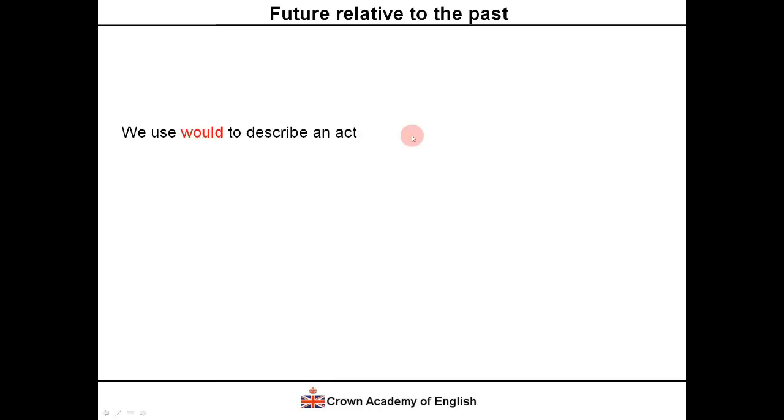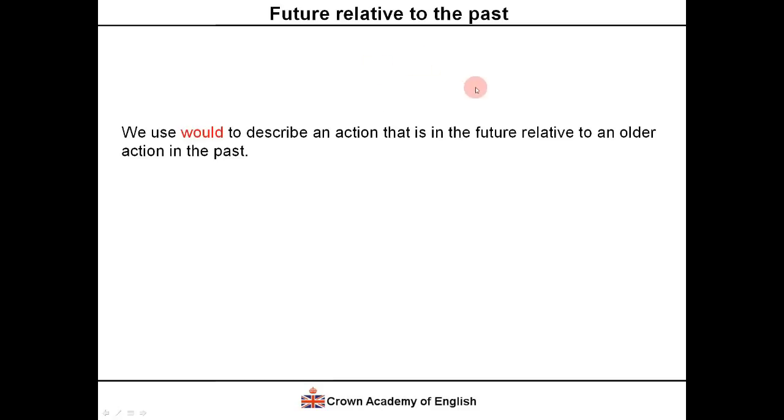Well, we use would to describe an action that is in the future relative to an older action in the past. Okay, so there are two actions in the past: the first action in the past, and then an action after it.